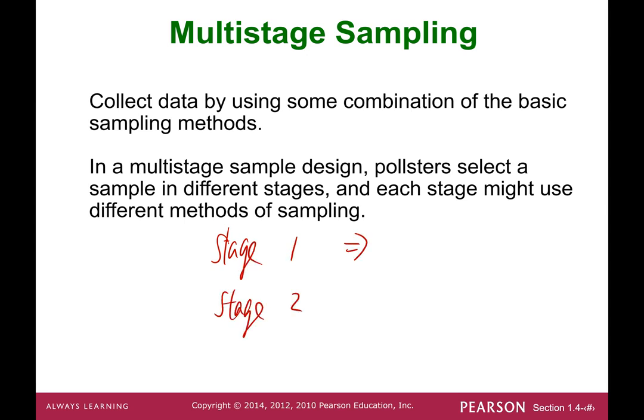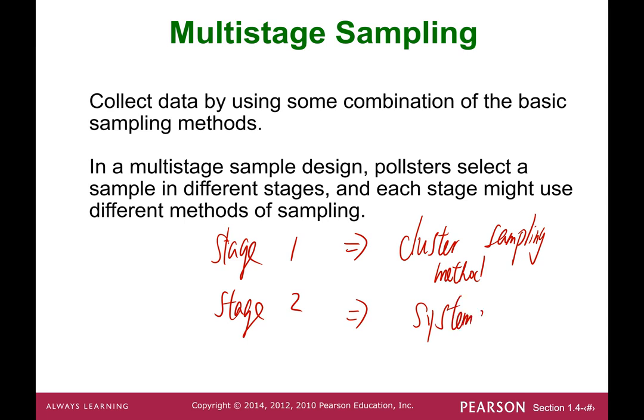For example, stage 1, you could pick the cluster sampling method. And maybe stage 2, you're picking the systematic sampling method. And it depends on the need. Definitely, you could come up with different kinds of sampling methods.